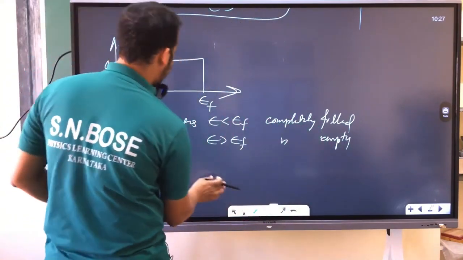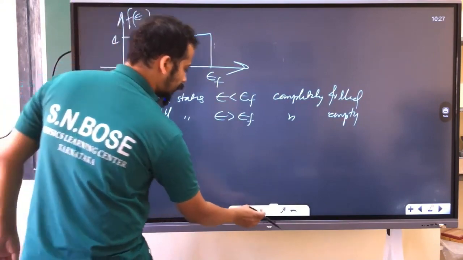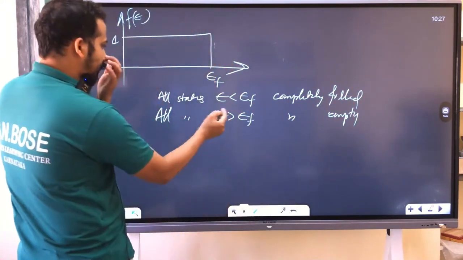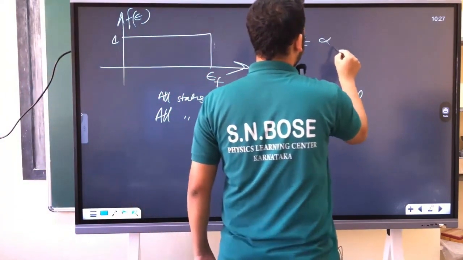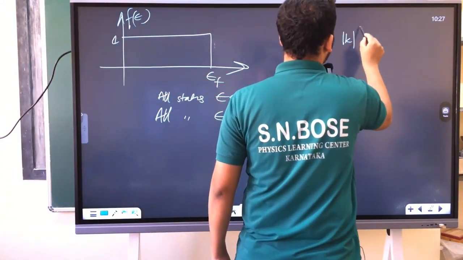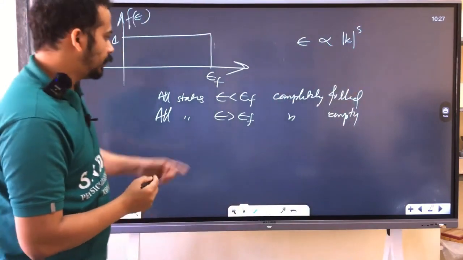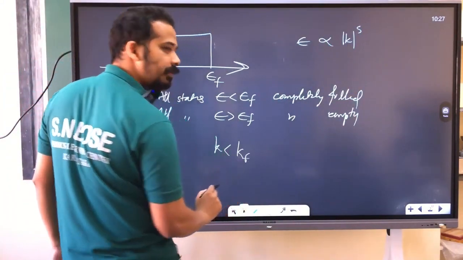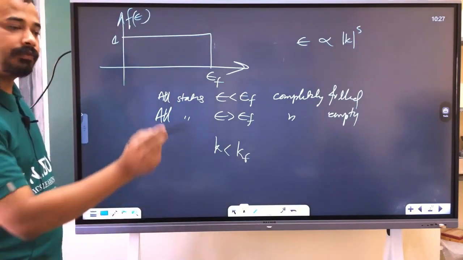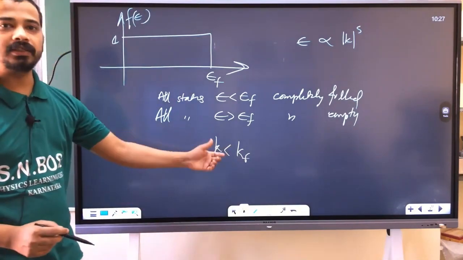So then look at here. The same thing, if you write this expression in terms of K, E is usually in terms of modulus of K to some power, am I right? So E less than EF means K less than KF. That means if you go to K space, K less than KF means what?